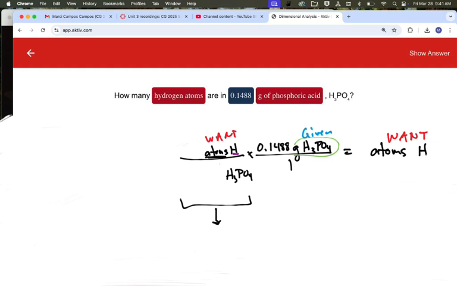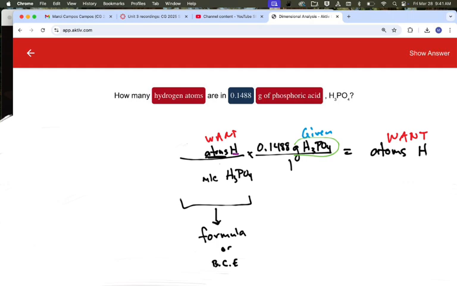Okay, well, if I'm looking at a potential conversion factor that relates these two substances, the place that I can find it is the chemical formula in this case. Okay, in most scenarios when we talk about chemistry, we would actually be looking at a balanced chemical equation. But we can go back and look at our formula. We can say atoms of H because it's a single atom, and then our phosphoric acid would be molecules. How many atoms appear in our phosphoric acid?